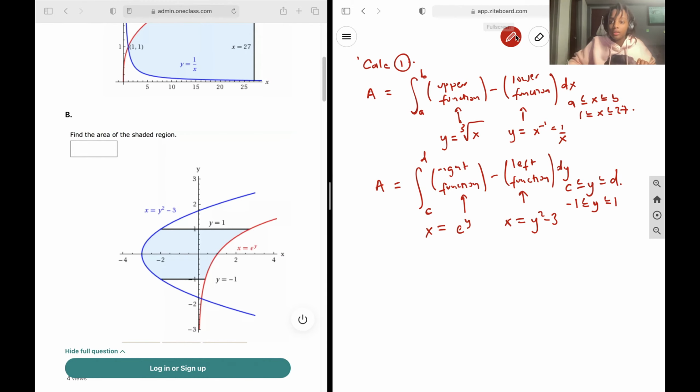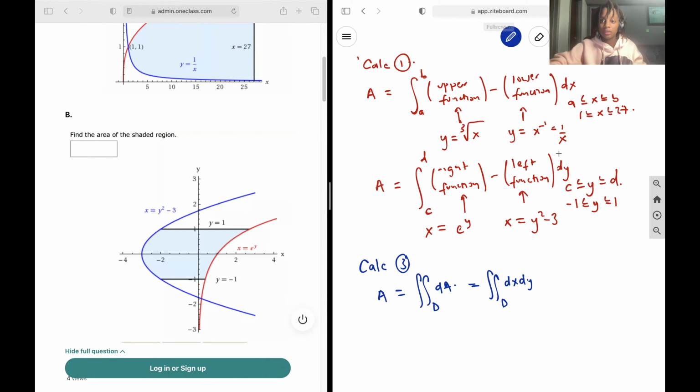Next up, we have the calculus 3 method, which generalizes both of them into one clean calculation. And this would just be A is equal to the double integral over region D, which is what's shaded, of dA. And dA, if we're in Cartesian coordinates, is going to be dx dy.